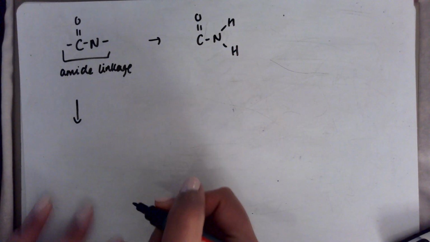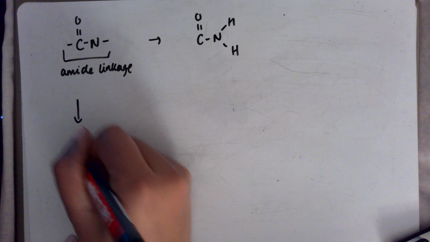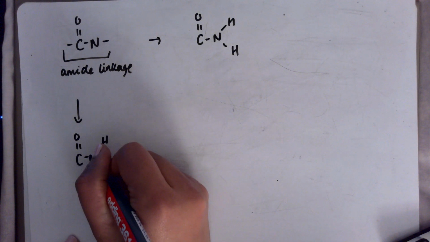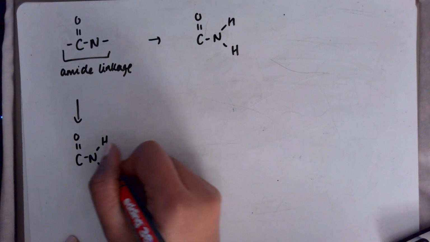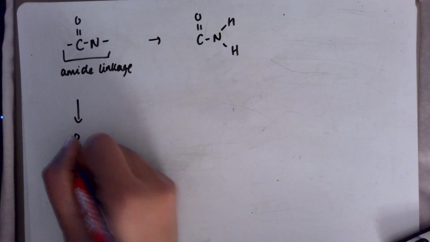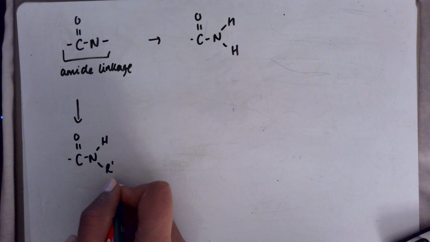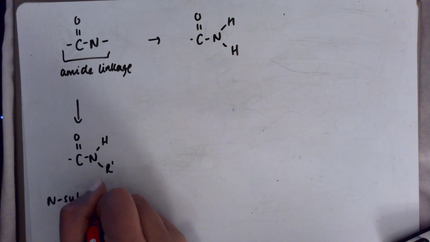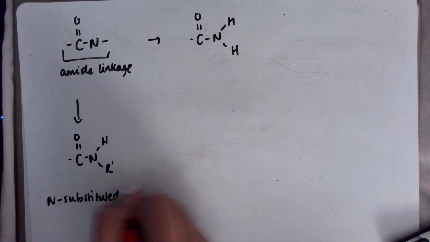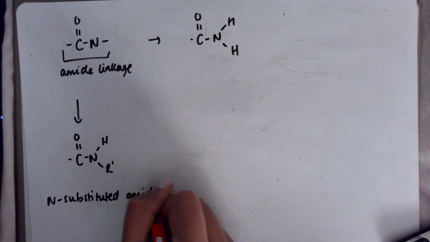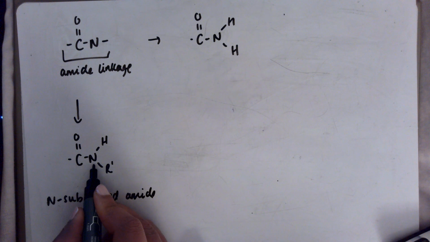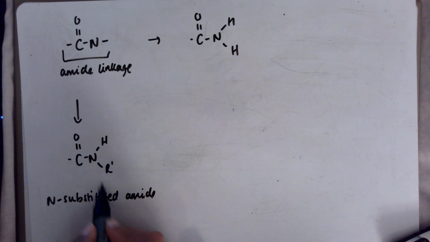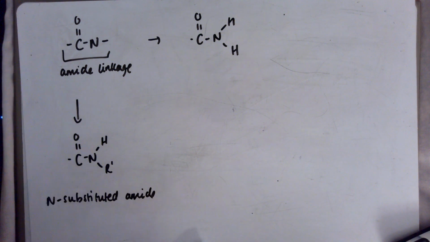The second type of amide link is when I have a C double bond O and N, still have a hydrogen, but one of those hydrogens has been substituted with an R group of some form, and that's where we have something called an N-substituted amide, because on the nitrogen there has been a substitution. One of the hydrogens has been substituted with an R group and the rest of our amide.